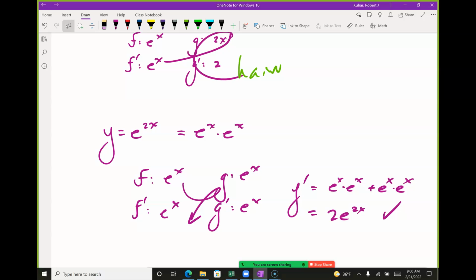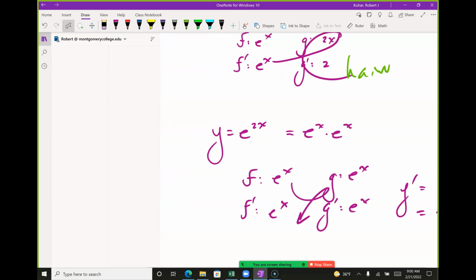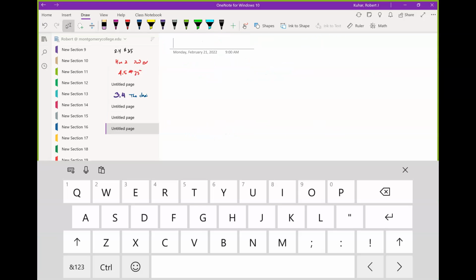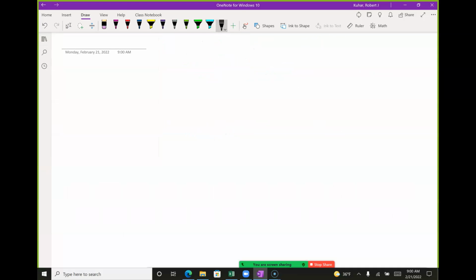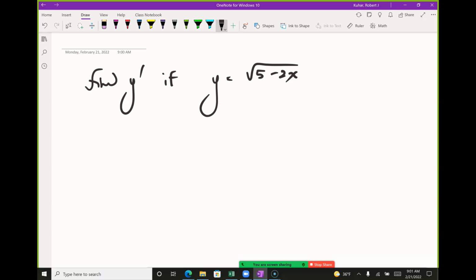All right, but let's look at one where we have to use the chain rule, right? Let's look at one where we have to use the chain rule. So like the one I was going to put on your test, right? So find y prime if y equals square root of 5 minus 2x, right?